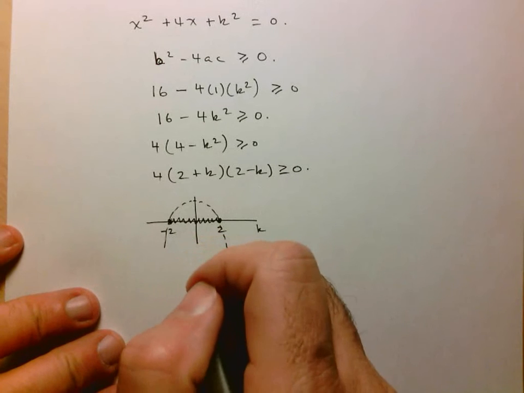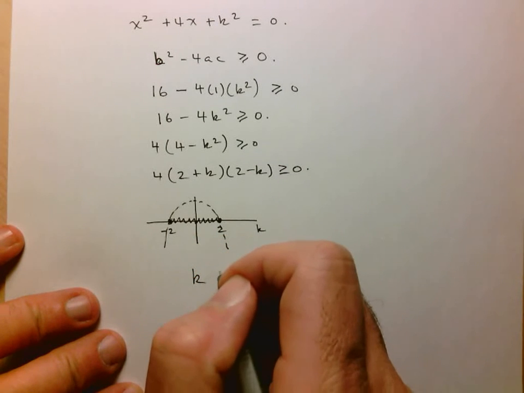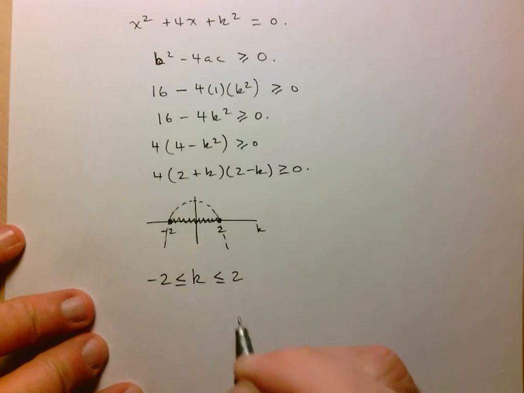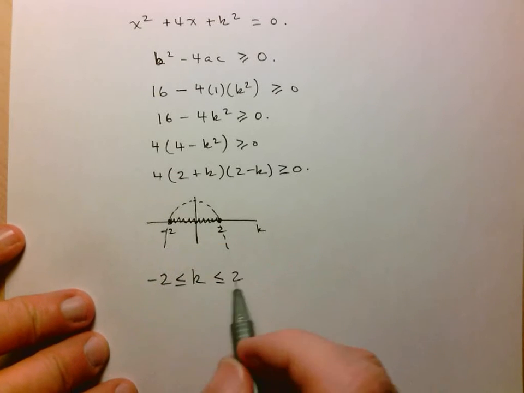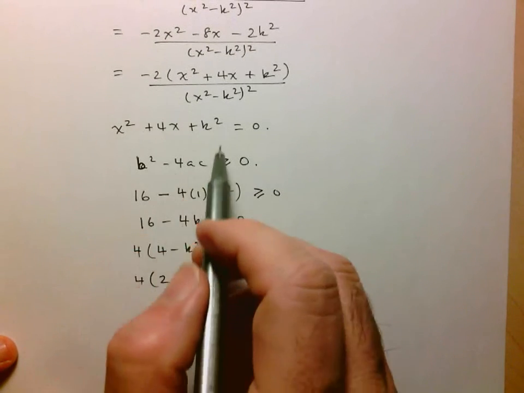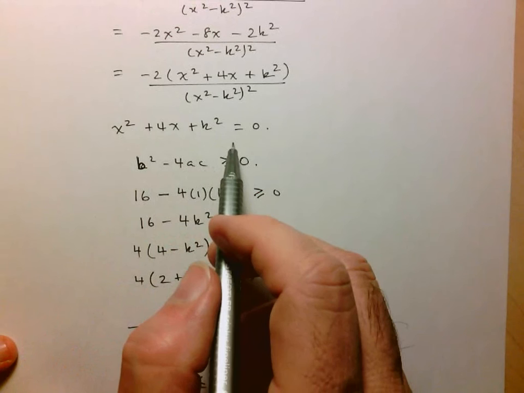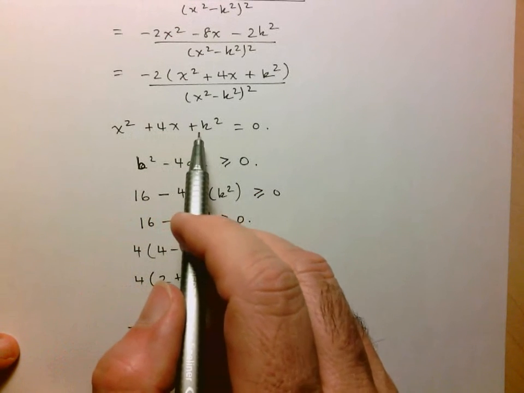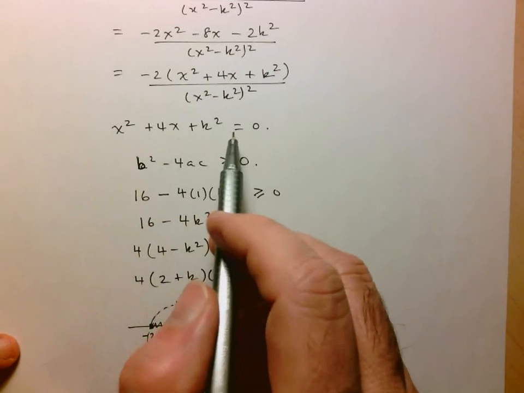So our solution here is that k needs to be less than or equal to 2, but also greater than or equal to negative 2. For these k values, the discriminant for this equation will be positive, hence x squared plus 4x plus k squared equals 0 will have solutions.